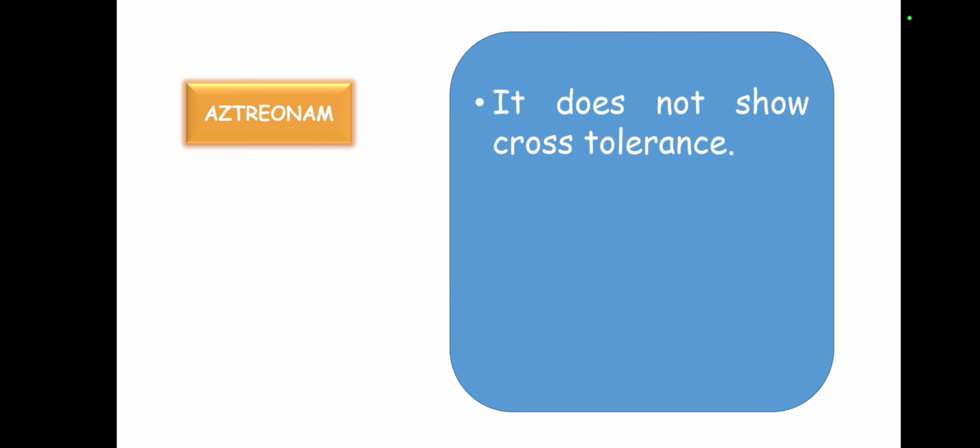And any person who is allergic to one type of penicillin is allergic to any other type of penicillin also. Even not only penicillin, any person who is allergic to penicillin is allergic to all other types of beta lactam antibiotics, isn't it? This we have discussed previously also.